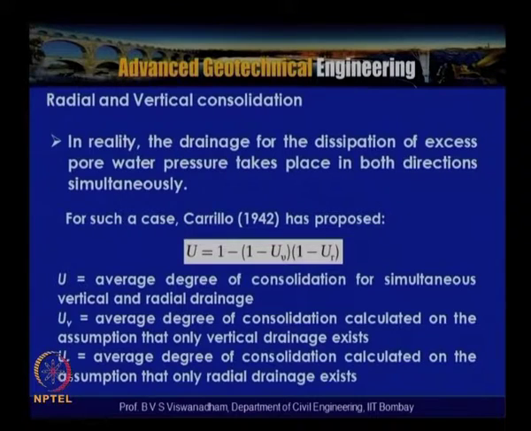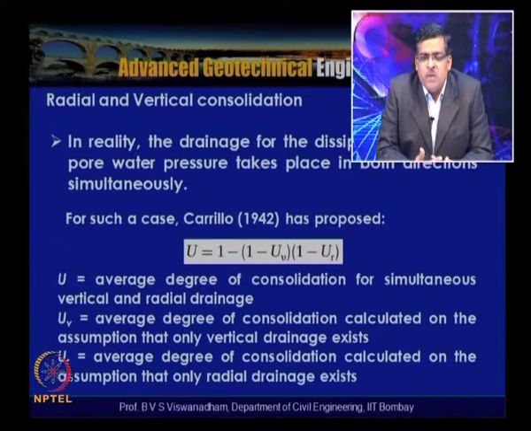So, Carrillo 1942 has proposed the following expression, which is nothing but U is equal to 1 minus Uv into 1 minus Ur. So, after having determined Ur by equal strain consolidation with or without smear, we can calculate Uv.